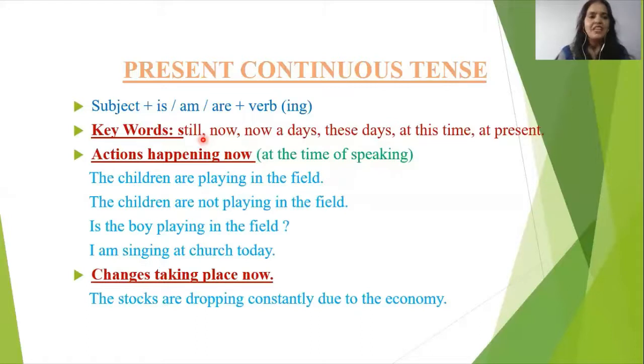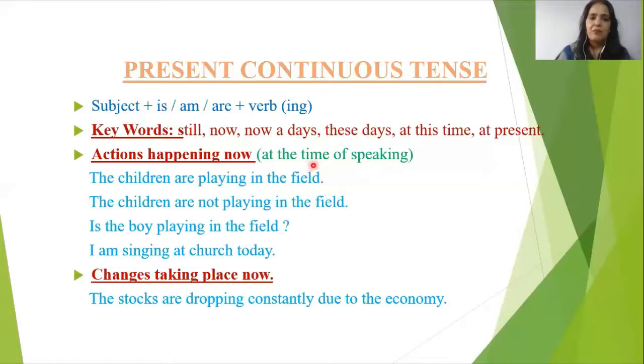And you can use this structure over here: subject with the help of is, am, are, plus ing in the first form of the verb. Action happening now. What does it tell? It tells what action is happening at the time of speaking.